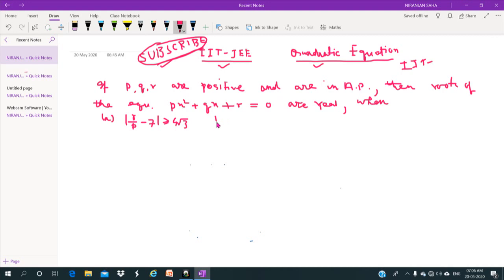B option: mod of p minus r by r minus 7 is less than 4 root 3.